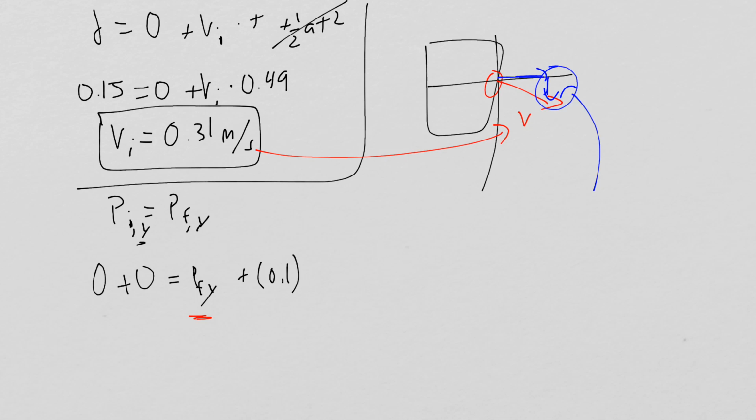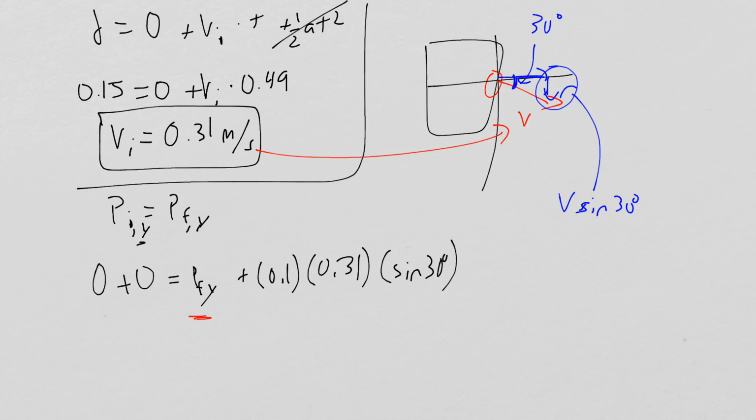So this is v sine 30 degrees, right? Because that angle right there is the 30 degrees. So when we plug that in to get the y component of the momentum using the y component of the velocity, there's the velocity, and then there's the y component.